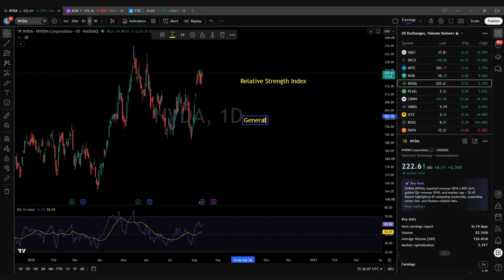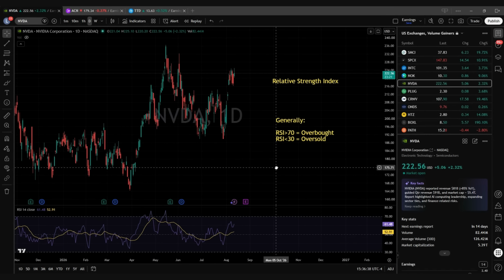Generally, RSI above 70 means it's overbought. RSI below 30 equals oversold. This is a general rule of thumb, right?